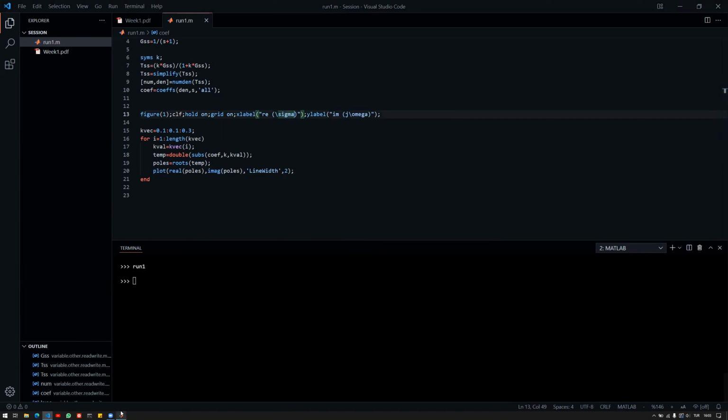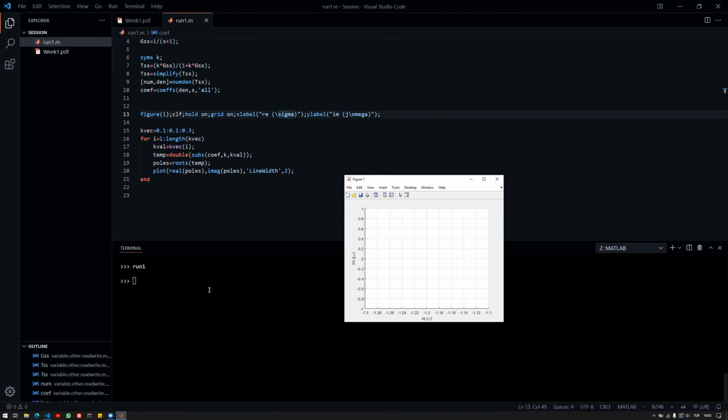But you can see, even though I have used plot here in line 20, it didn't generate what I was expecting it to generate. So is there a problem here? Because we've called plot, we've provided the real and imaginary parts, but we didn't end up with a graph. It's an empty graph. So why is this?